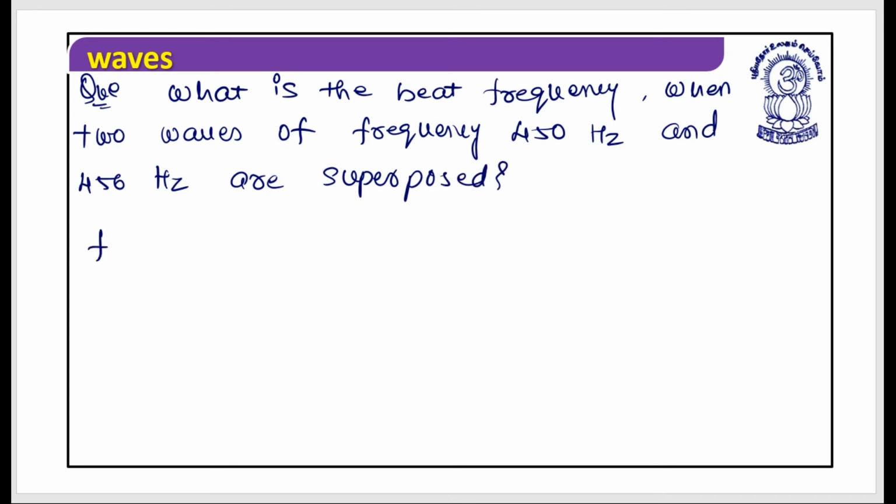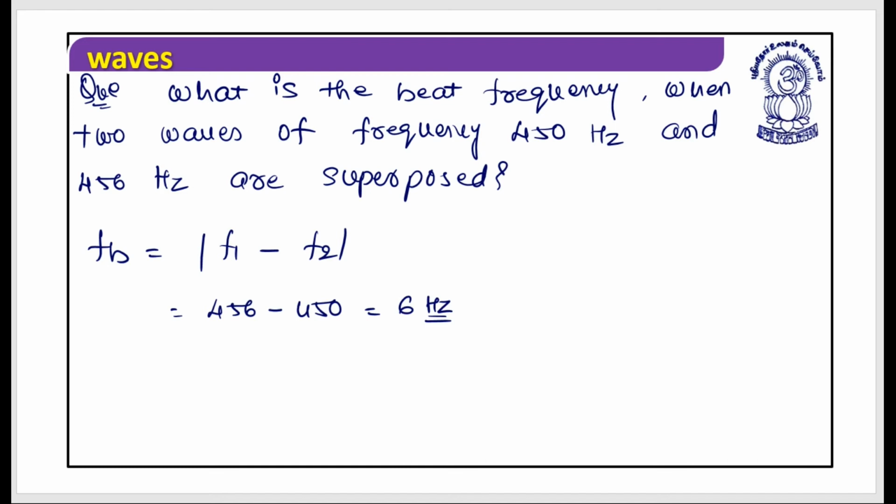So when I want the beat frequency, it's mod of f1 minus f2, which equals 456 minus 450. This equals 6 hertz. I hope this is clear.